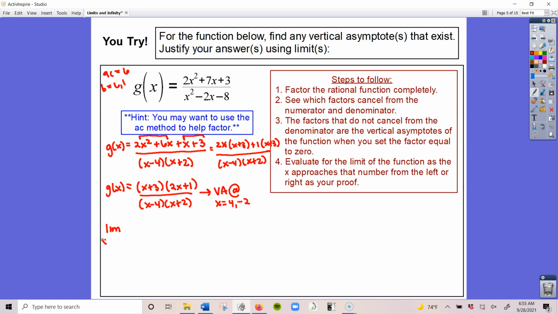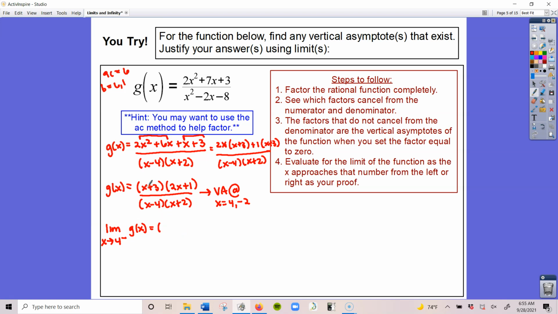So we're going to do the limit as x is approaching 4. Now you can choose which side you want to do. You can do the left or you can do the right. I'm going to do one of each. So I'm going to do the left for 4. And here I could put g of x, since it was named as g of x, is going to equal, now 4 from the left, I'm going to use 3.9.